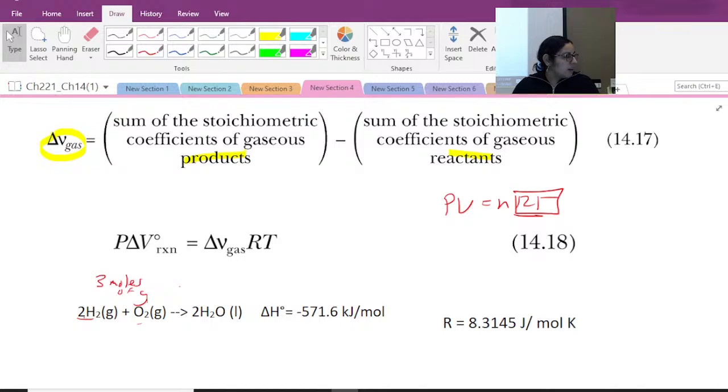And then how many on our product side? Well, it would be 0. So watch those state changes. So, yes, 0. And we only care if it's gas because gas is the only state that can be pressurized. Gas is going to be expanding, so all the liquids, all that doesn't matter.